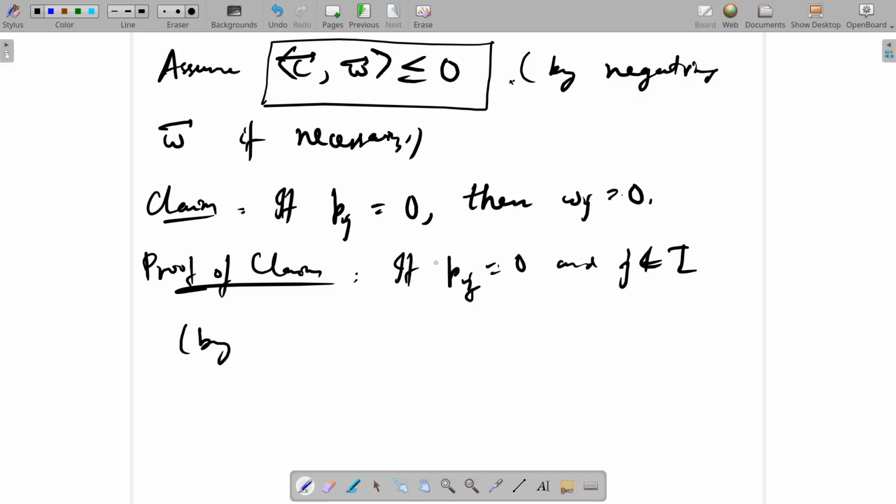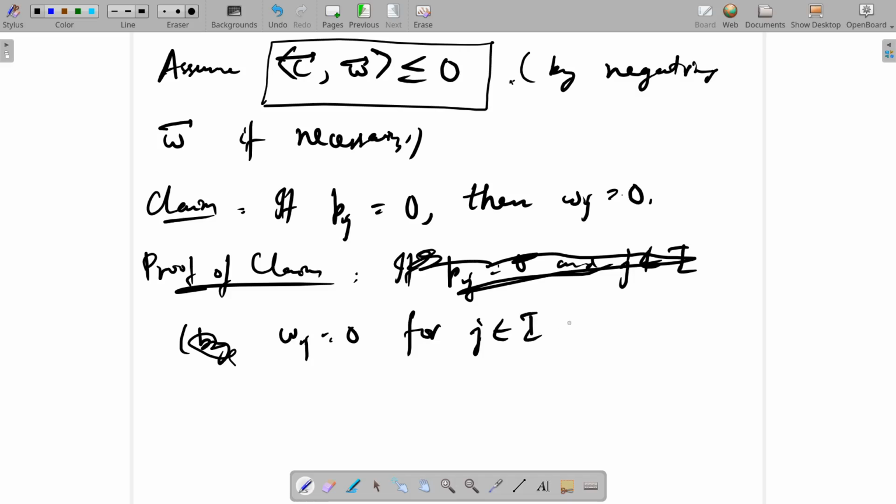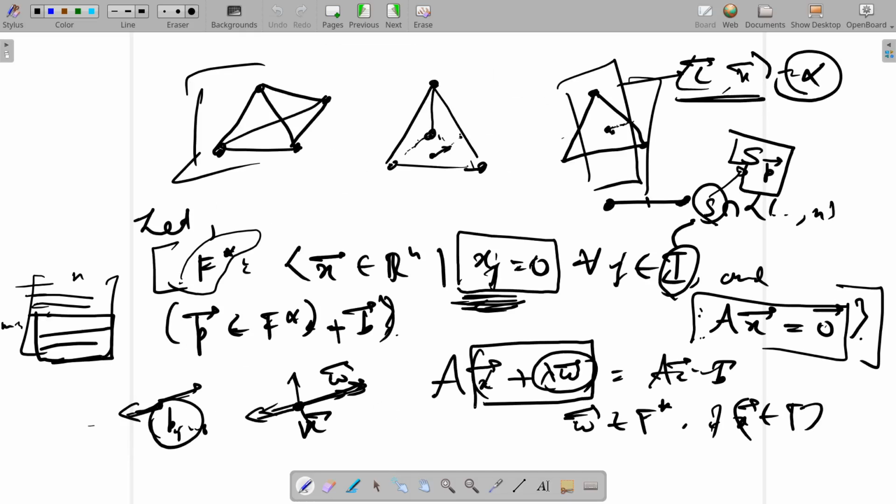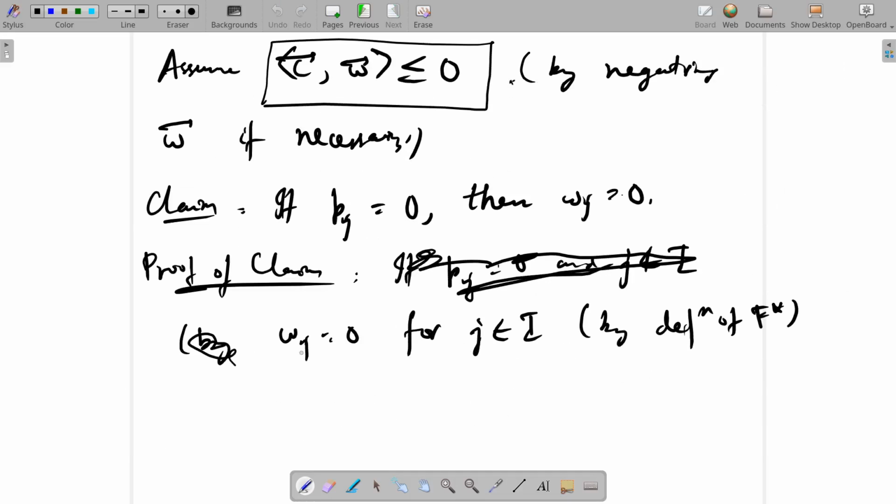So we want to prove this in the rest of the cases, so j not in I. Wj is 0 for j in I by definition of F star. W is a vector in F star. So for j not in I, we want to show this.